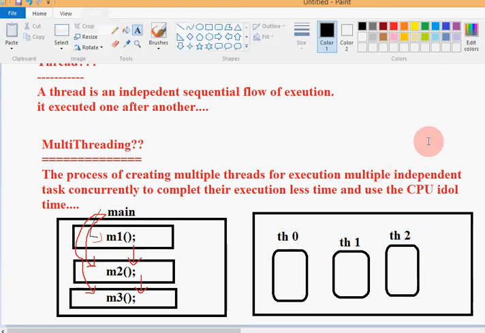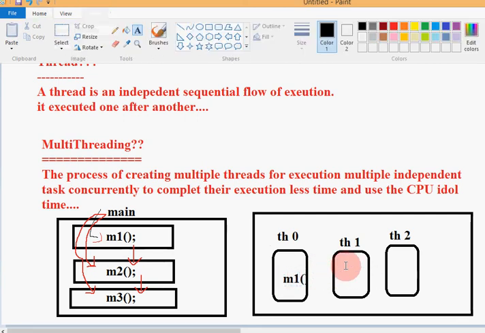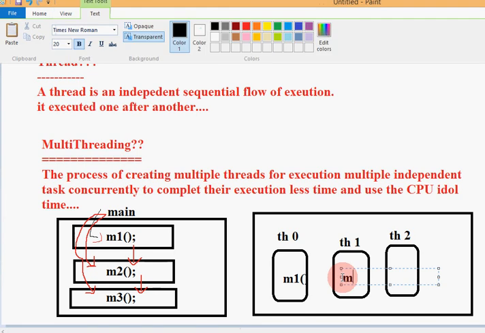With these three threads, they are executed at the same time. When the M1 method is executed, it also executes the M2 method and the M3 method.